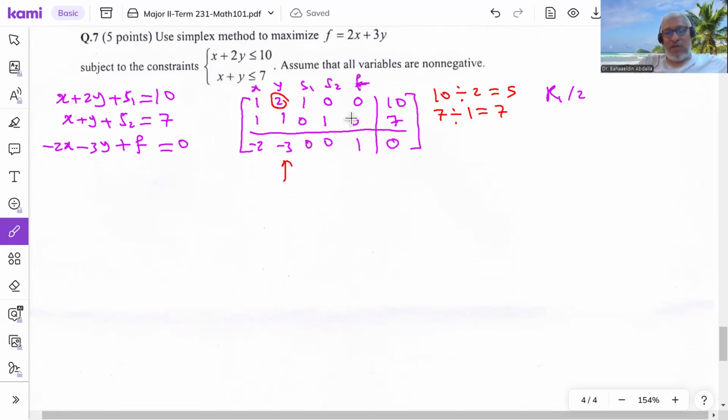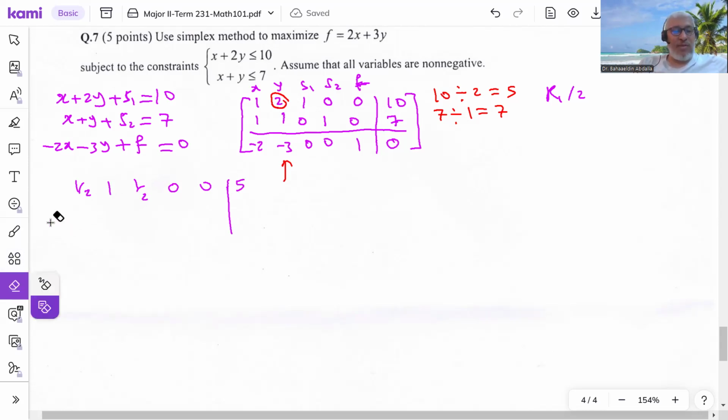If you interchange, 7 will go there, and if you divide, again 2 would be the pivot entry. So 2 is the pivot entry. You have to change it to 1 and use it to make all the other numbers zeros. So divide by 2. You don't have any other choice. So half, 1, half, 0, 0, and 10 divided by 2 is 5.